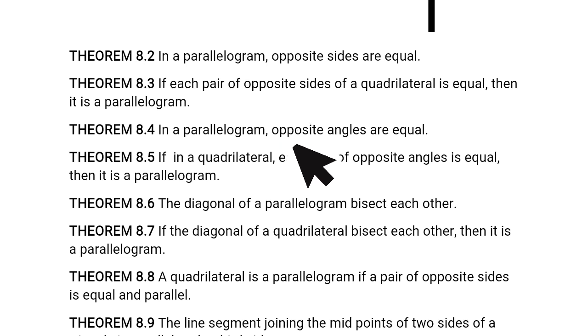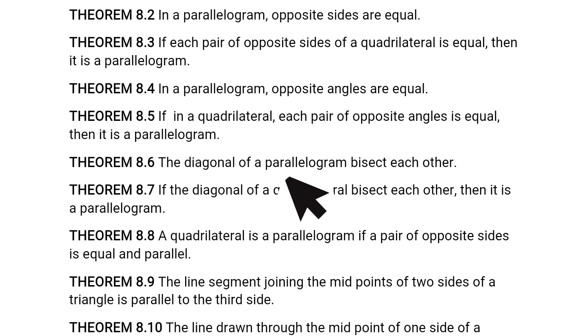You can remember this easily. The diagonals of a parallelogram bisect each other, and if the diagonals of a quadrilateral bisect each other, then it is a parallelogram.